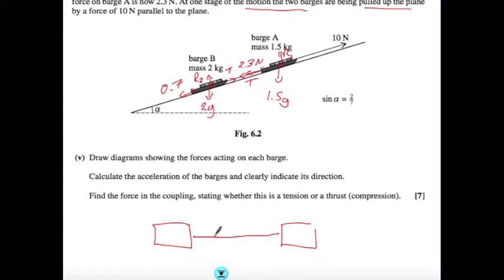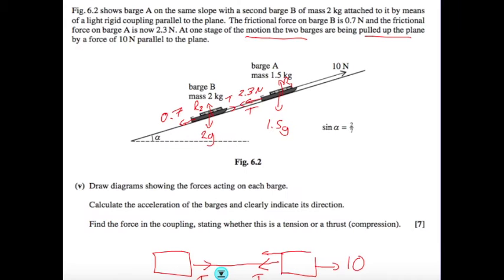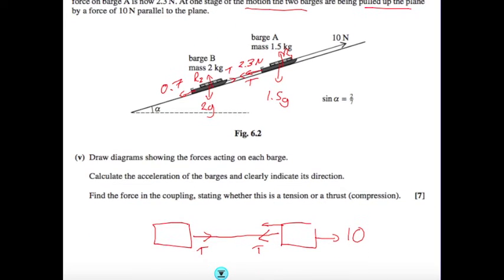So we've got this, we're assuming is a tension, and if it's a thrust it'll be negative. We've got this 10 acting this way. If you remember, we've got the 1.5g sine alpha, which they told us in the first part was 4.2, going this way. We've got 2.3 as well.